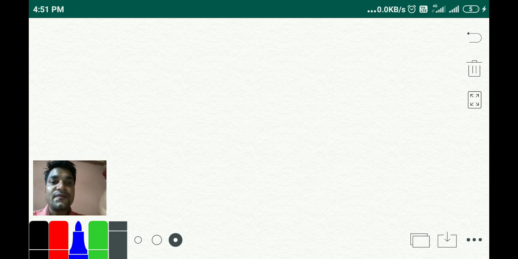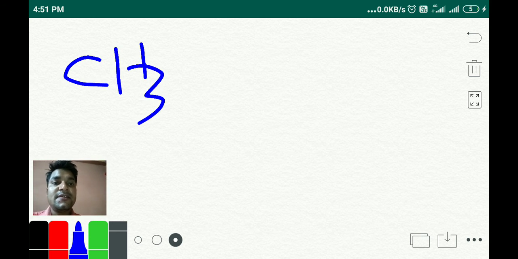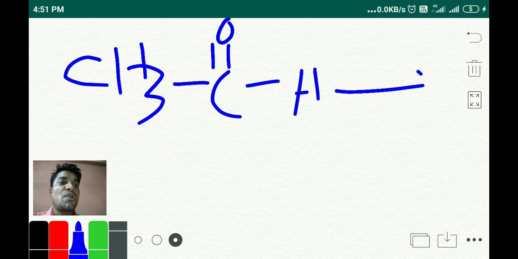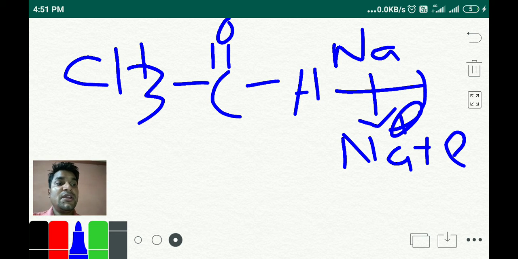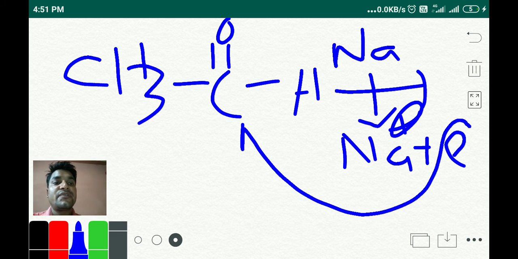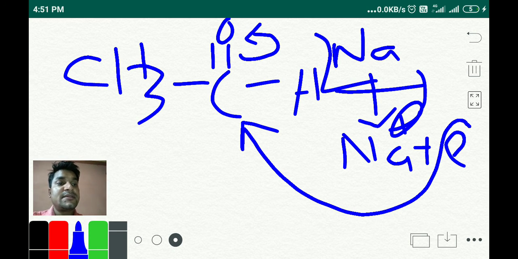It is very easy. Look at CH3CHO. Sodium liberates one electron, forming Na plus and one electron. When this electron is added, the pi bond breaks down. If you take two sodium, two electrons will be added.